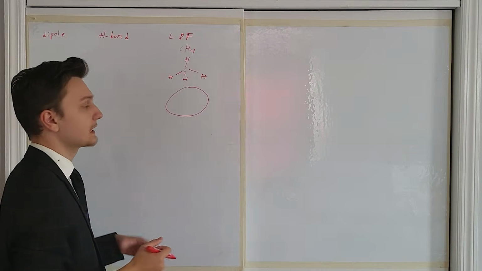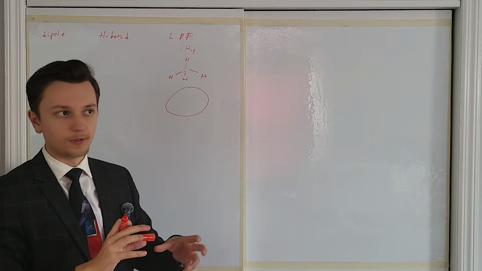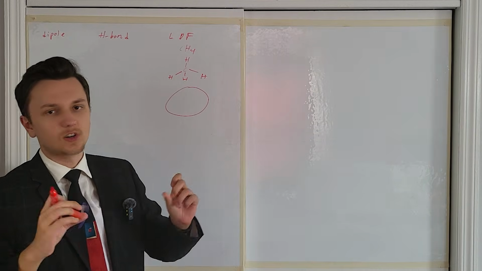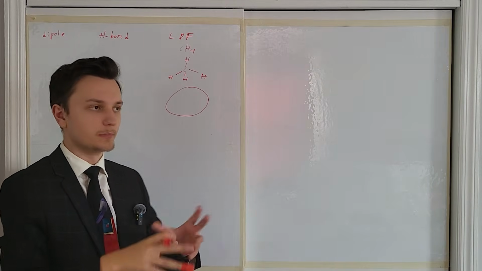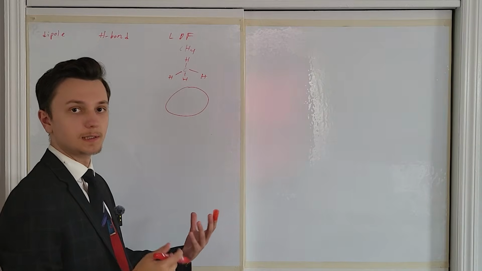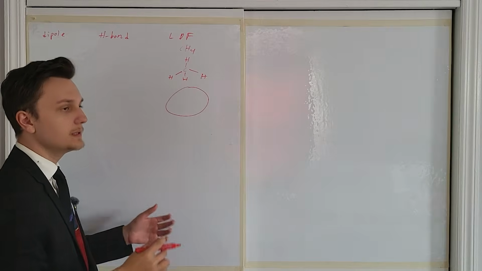Hydrogen has electrons, carbon has electrons, and the electrons exist in a cloud around the molecule. They don't exist only in the bonds, they exist in a cloud of probability around the molecule.